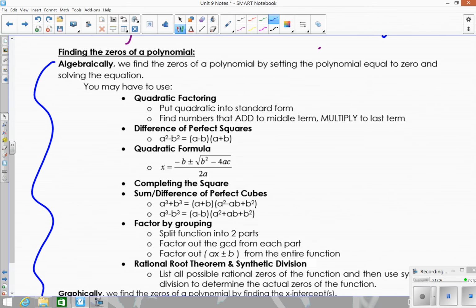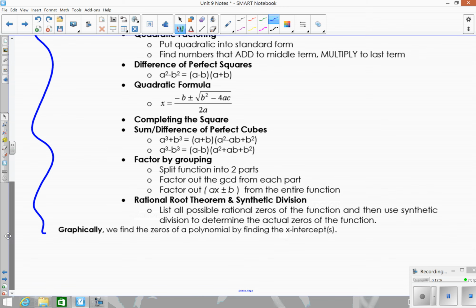You might have to use the rational root theorem, and then synthetic division to test the different possible zeros and narrow down which zeros actually work. And then the easiest way is to graph. But if you're trying to find the zeros graphically, again, remember that the zeros are really the x-intercepts, or the x-intercepts are really the real zeros. They're not all of the zeros, they're just the real zeros that you're going to see.